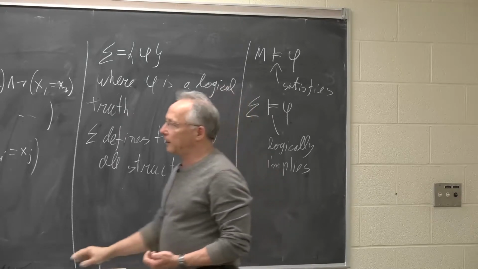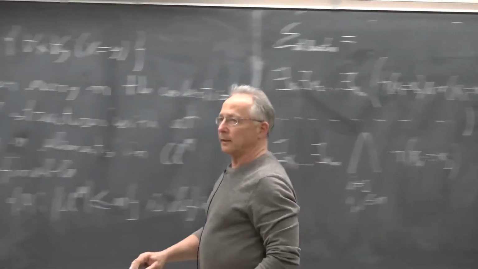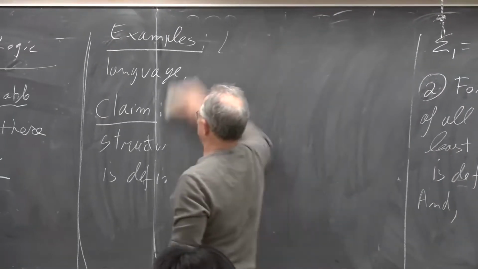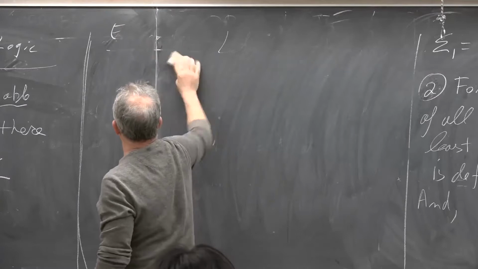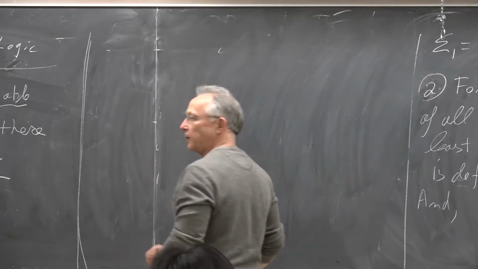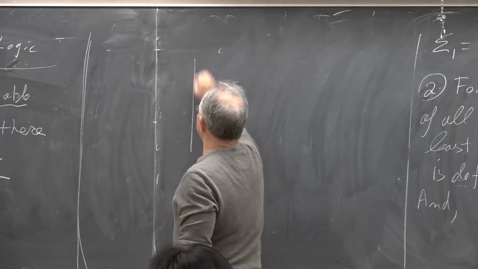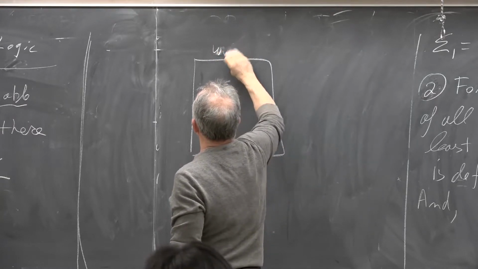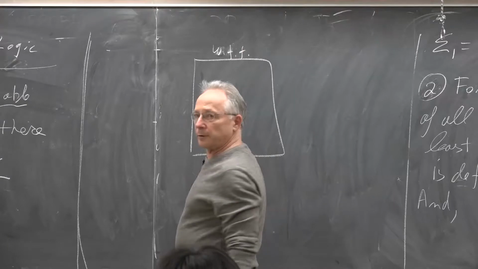And this is very similar to the situation that we have seen in propositional logic. You remember? In propositional logic, we had this diagram. We said, here is all WFFs, all well-formed formulas.